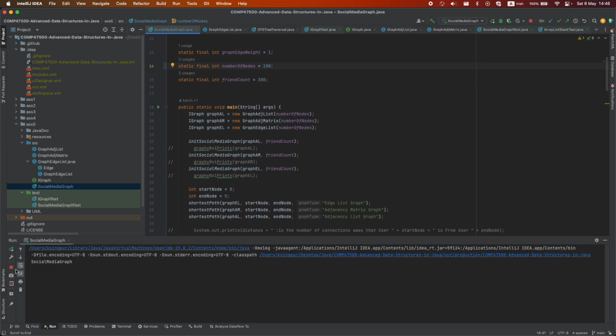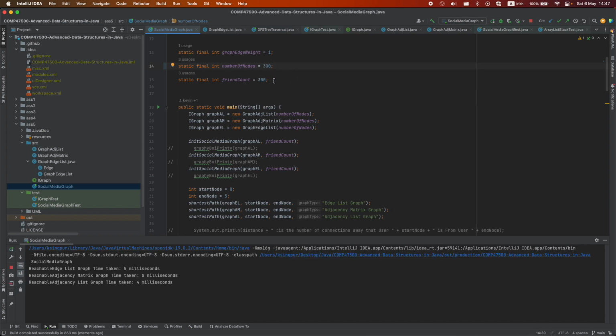Now this one is running rather long, so I will stop it. Well, I mean, this makes sense because you can't really have 300 friends if you have 100 users. Well, I guess not enough users to make it very viable.